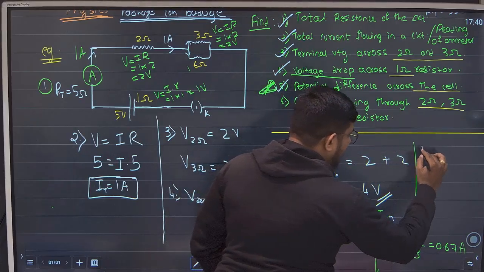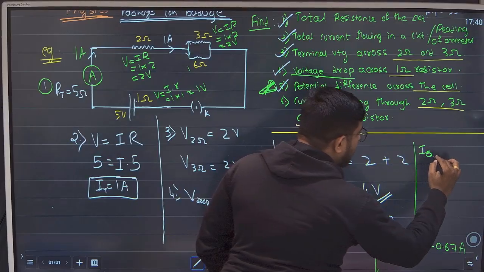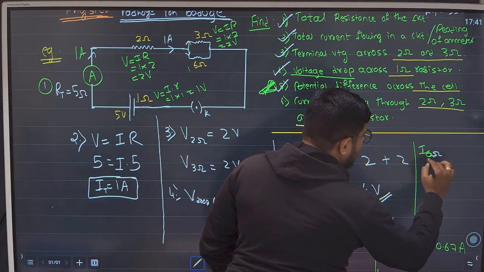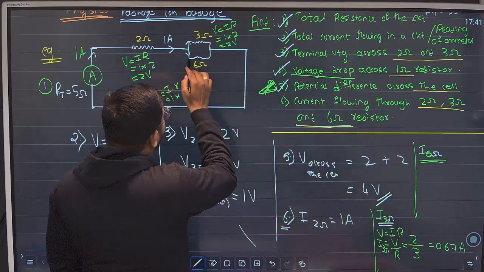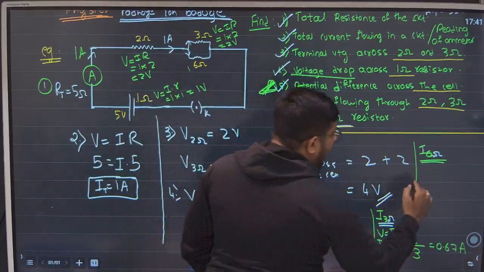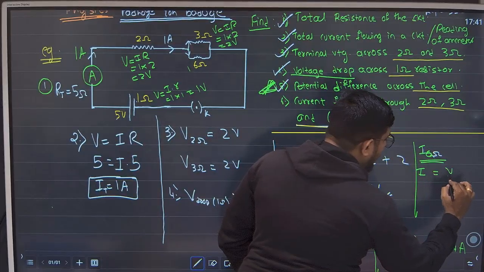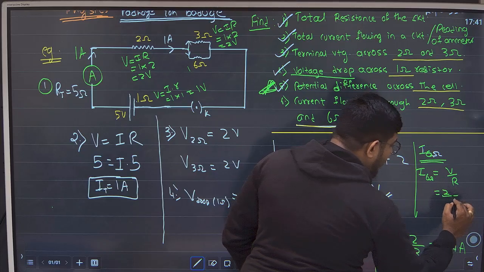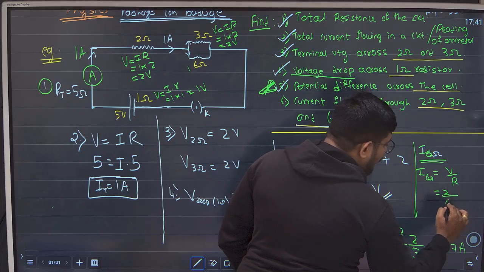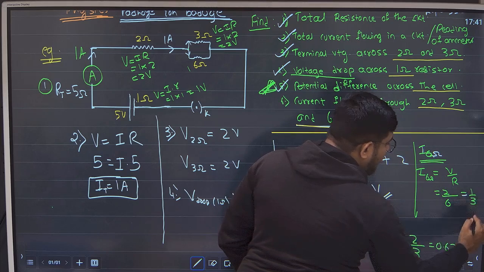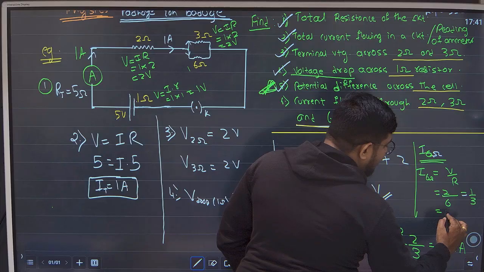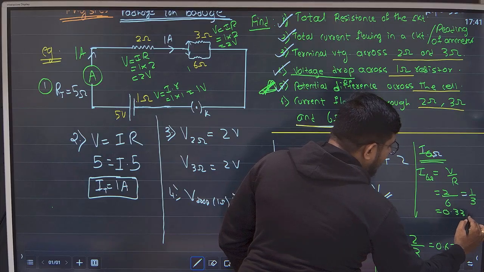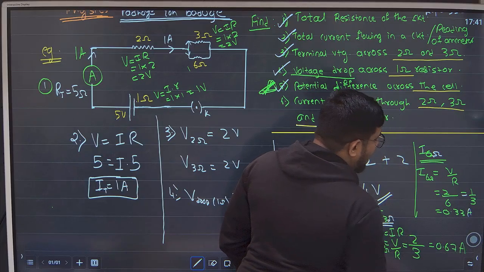Same, now the current in 6 ohm. How can you find the current in 6 ohm? Same, guys. I is V upon R. But in 6 ohm, V is the same, 2 volt. R is 6. 2 upon 6, 1 upon 3. Basically it is 0.33 ampere.